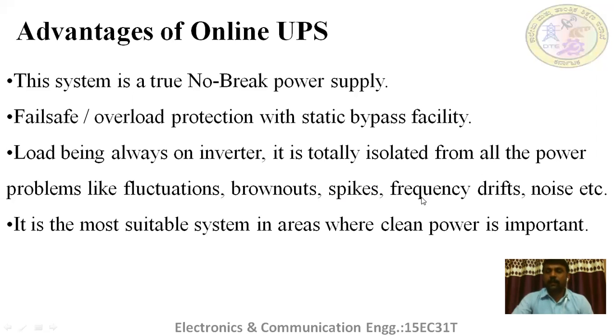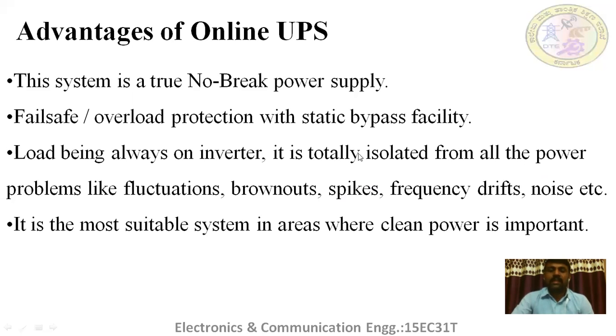Frequency drift. This occurs when the supply frequency changes from 50 Hz. Why? Because in our India, the AC power generated is 230 or 240 volts with 50 Hz. Noise. This is due to unknown interferences caused by the mains or by the loads.